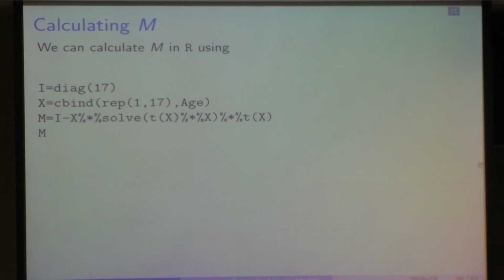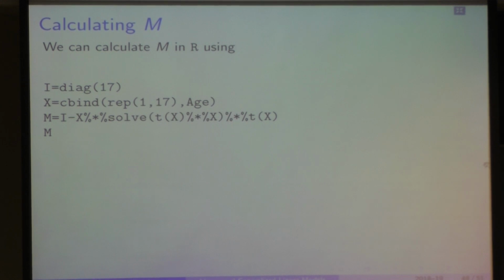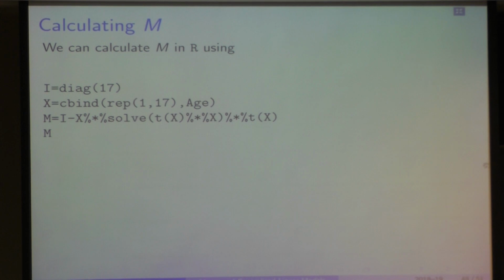So you'll see here that several times we've got the sequence of characters %*%. That is how R does matrix multiplication. So if you want to do the standard matrix multiplication in R, you don't just put a star, you put %*%. So that's how R has matrix multiplication.